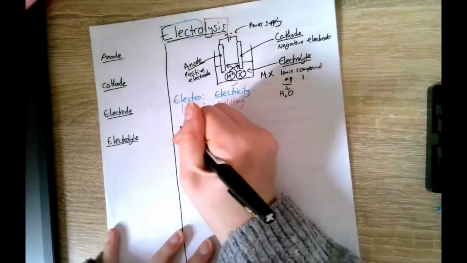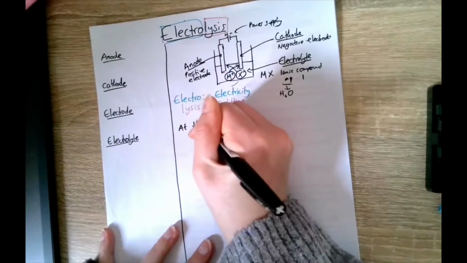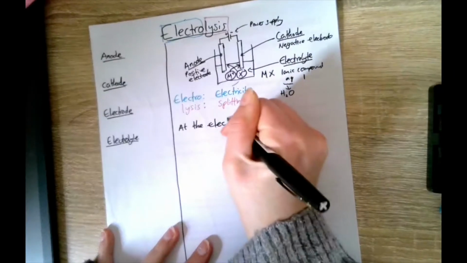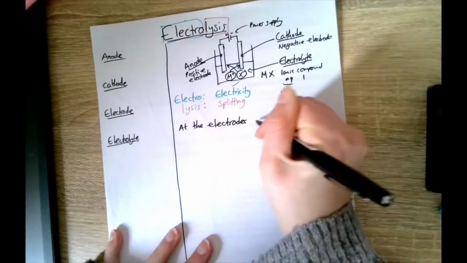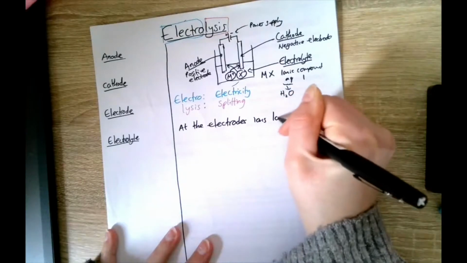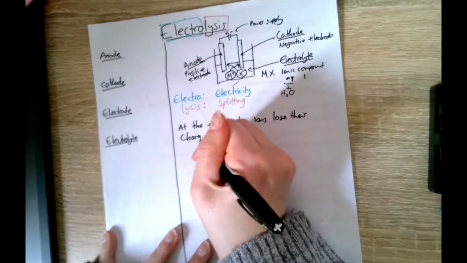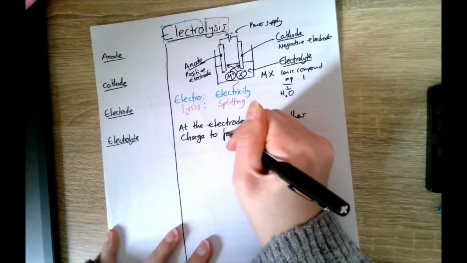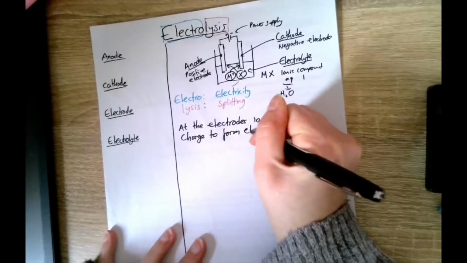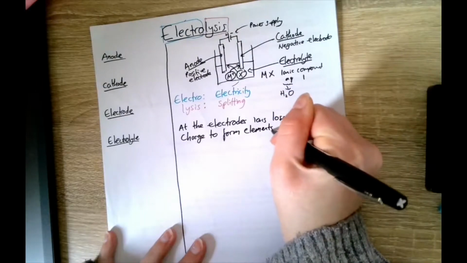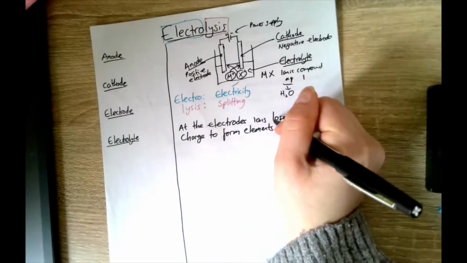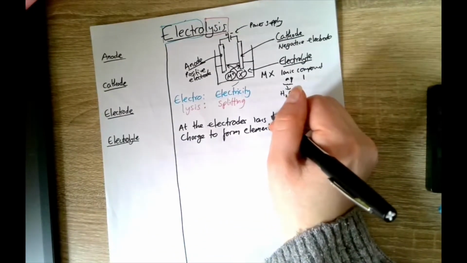And so what then happens is at the electrodes, the ions lose their charge to form elements. So they become their neutral elements in whatever state they would be naturally.